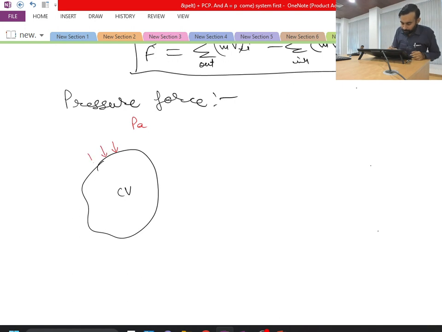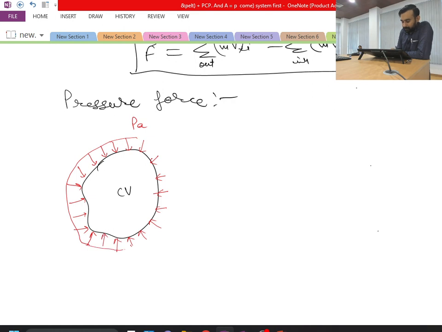Since it is only subjected to atmospheric pressure, from every side I will have uniform pressure, so I am trying to keep the length of the arrows the same. Even if I am not able to, please understand that they should be the same. Arrows should be normal to the control surface, and this is how pressure is acting on the control surface.